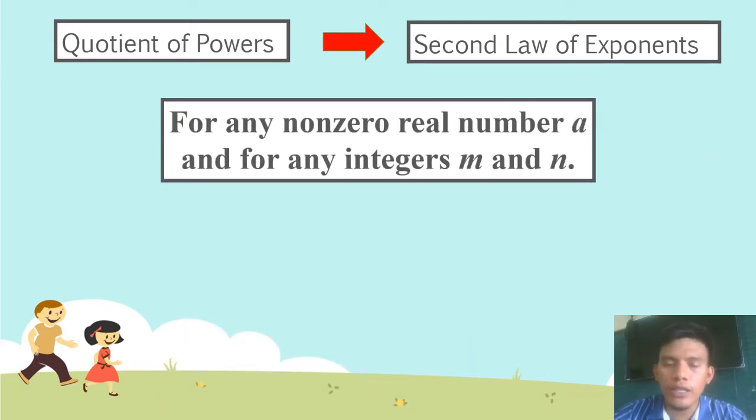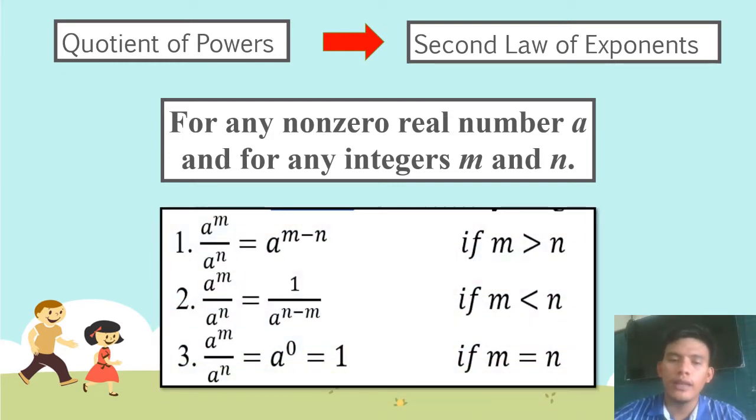When you say quotient of powers, for any non-zero real number a and for any integers m and n, this will be the condition. For number 1, a raised to m over a raised to n is equal to a raised to m minus n, you subtract their exponents, if m is greater than n.